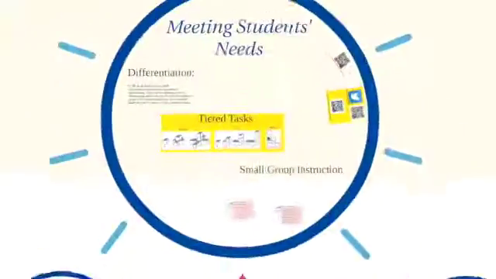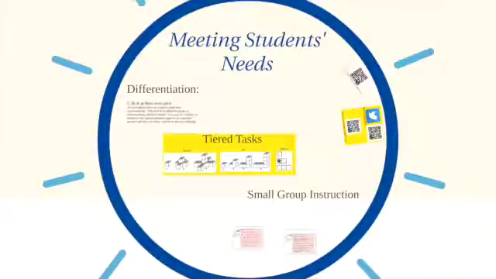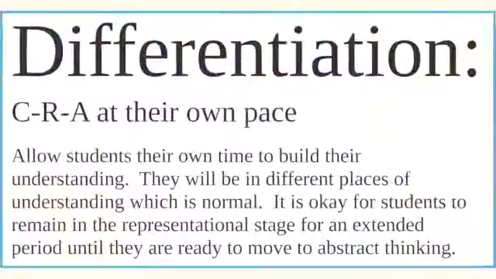To put all of this together requires 3 ideas. The first is differentiation. CRA, or concrete representational abstract, means that we're allowing students to build their own understanding. But they have to use all 3, concrete, representational, and abstract, from the very beginning.